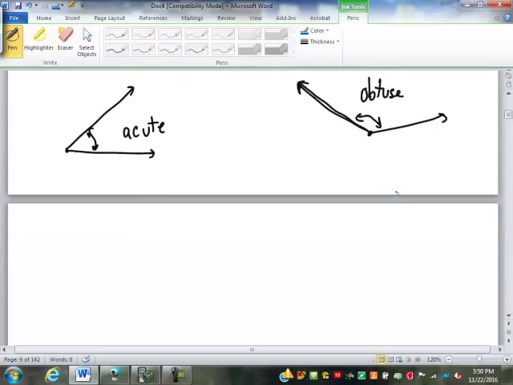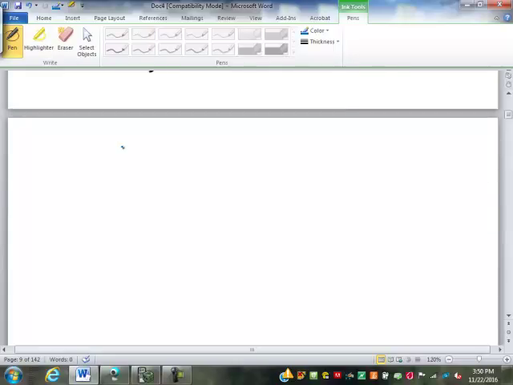But let's look at some special angle relationships. So if we have an angle here like this, let's say that one is 31 degrees. And we construct another angle. We come back to that vertex, that same starting point, and we construct another ray off of it. We have now constructed another angle.